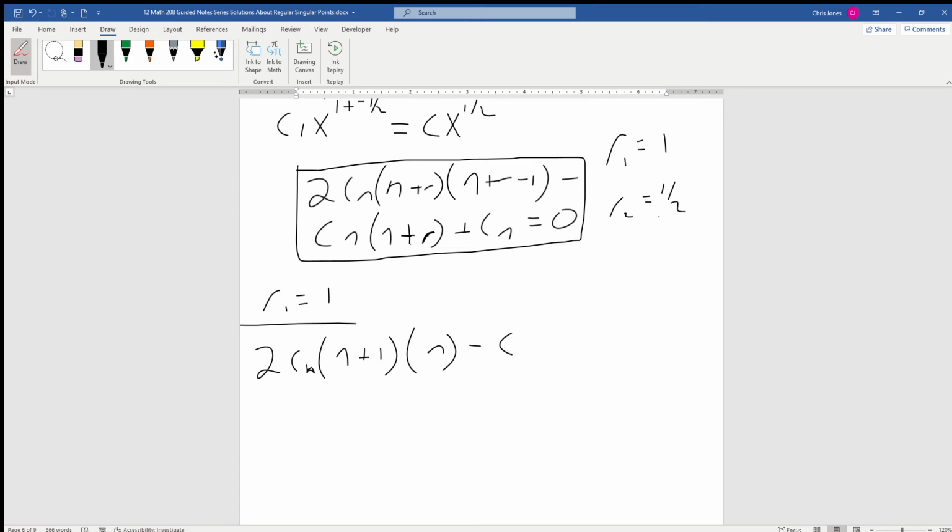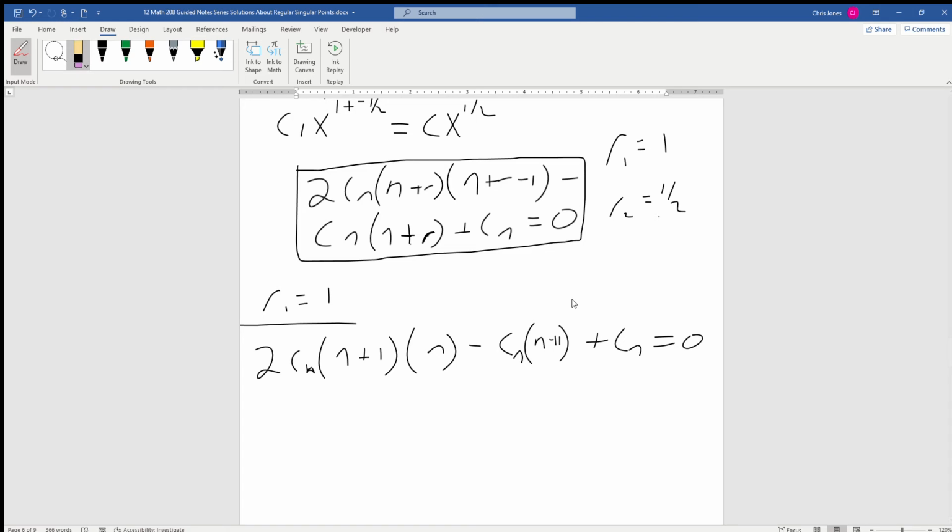And then minus c sub n times (n plus 1), excuse me, so this will be n plus 1, and that's going to be equal to 0.